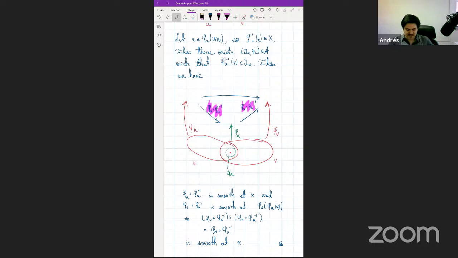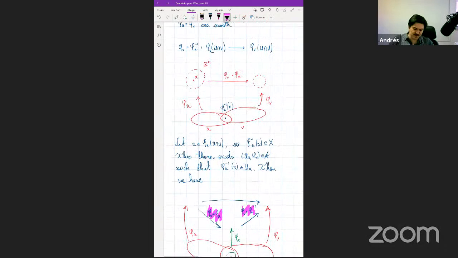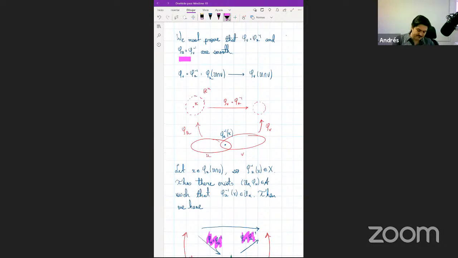So that shows that this function is smooth at x. And x was an arbitrary point on the domain. So the function is smooth. Similarly for the other function, the one that goes the other way. It is the same argument.